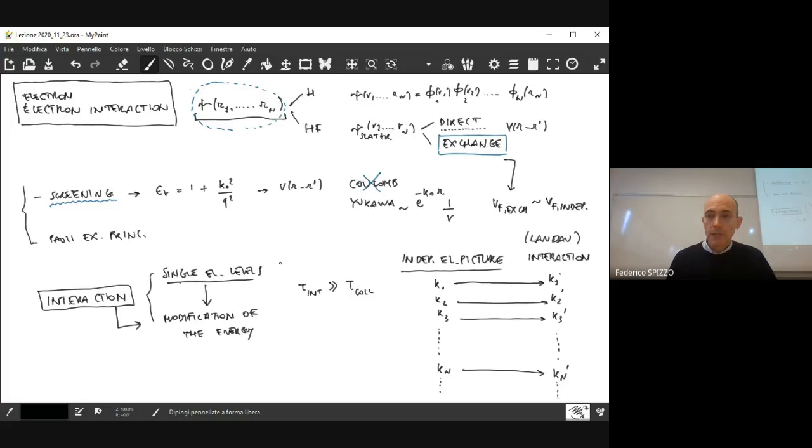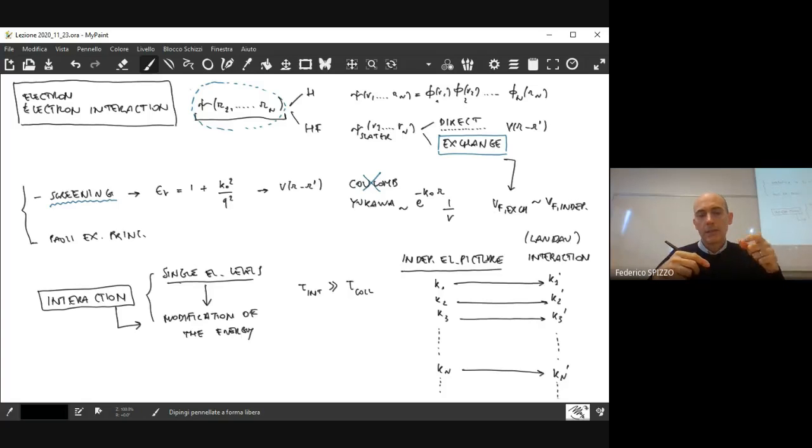The single electron picture fails when this procedure may not be applied. And I will just give you an anticipation of where this fails. If, for instance, you consider superconductivity. In the case of superconductors, you have the formation of couples of electrons. We will see that later.